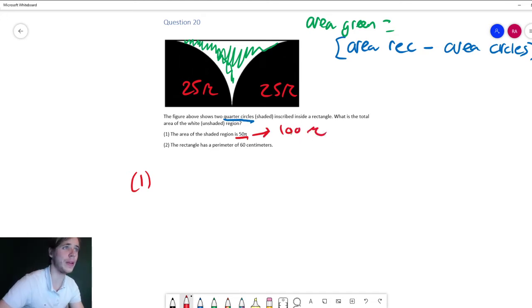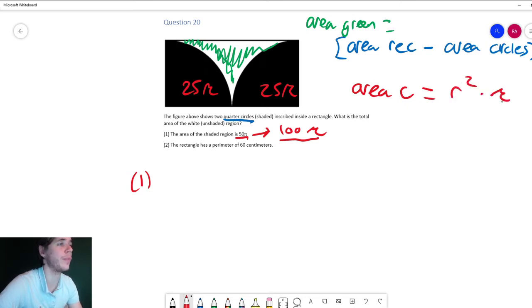Okay, whenever you have the info about the whole circle, we can calculate the radius, because the area of a circle is radius squared times π. So when we know that the area of a circle is 100π, the radius is the square root of 100. So in this case the radius is 10.